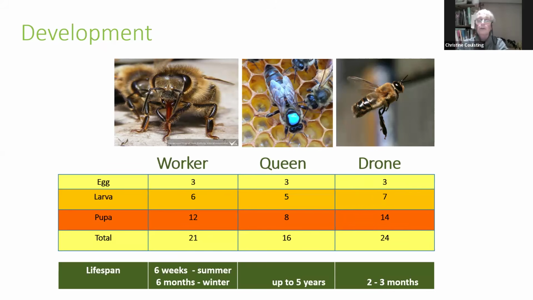Workers will live for 6 weeks during summer, and of course so much longer over the winter. Queen can be expected to live up to 5 years, but I think in reality 2, 3 is going fairly well. And drones 2 to 3 months, and I doubt there are many of those around now.